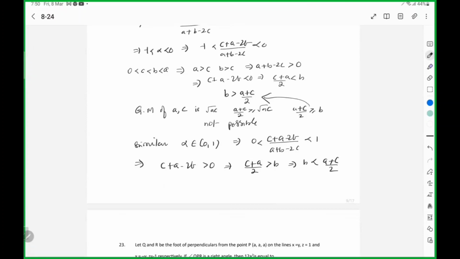So from here also we can say B is the geometric mean, root AC. Here there is a possibility because geometric mean is less than, may be possible. That means fourth option is correct.